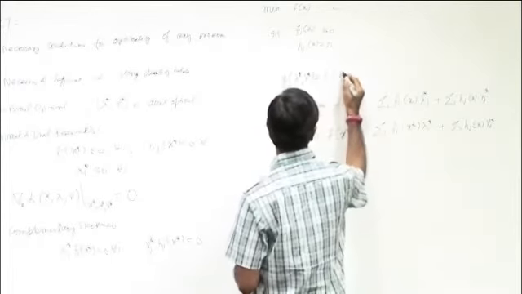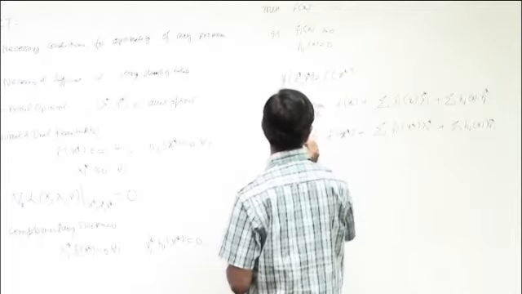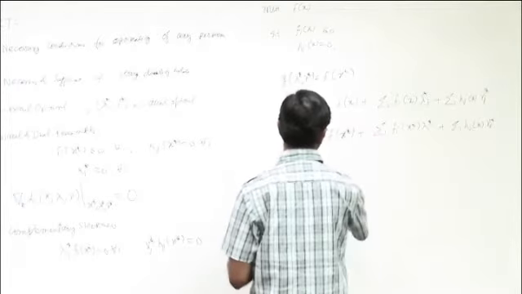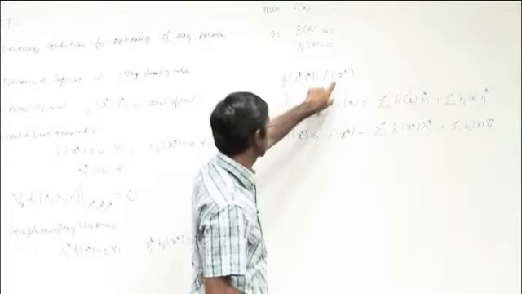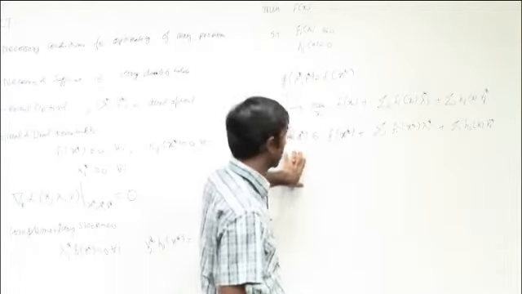And now by dual feasibility, I know that g(lambda star, nu star) is equal to f(x star), right?